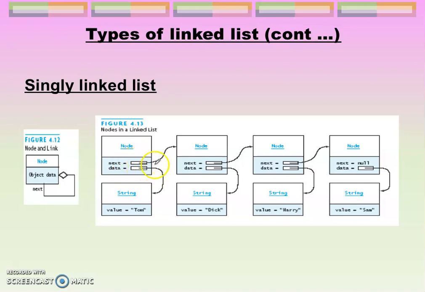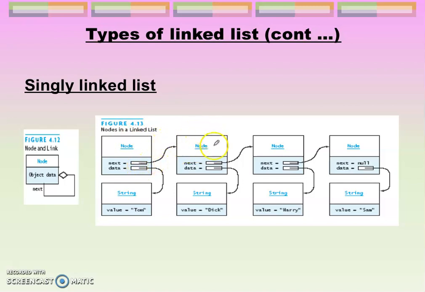Okay, we want to show that ini data dia simpan string. Okay, string which is the name, for example, nama dia Tom. Okay, the next part in this node is the address of the next node. So dia simpan address this node. Okay, that's why dia point ke sini lah.